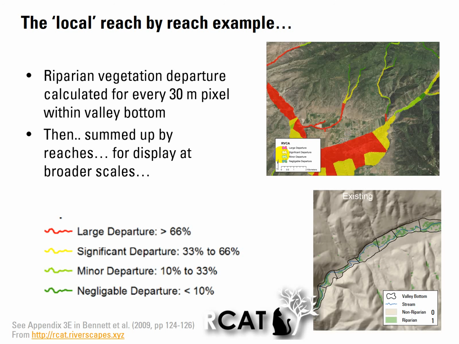So all we do is go into these places. We calculate in different valley bottom segment cells what the proportion of loss is from existing to historic, and then we can say, okay, that reach had a large departure, this reach has a significant departure, this reach has a minor departure, etc.